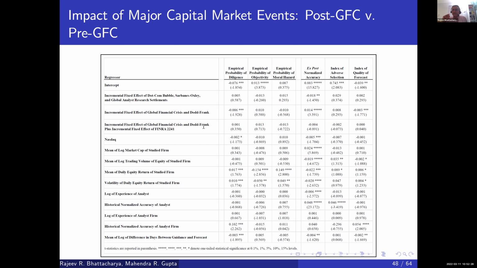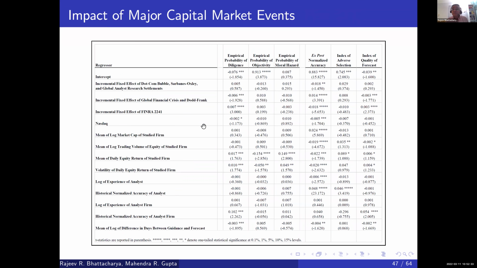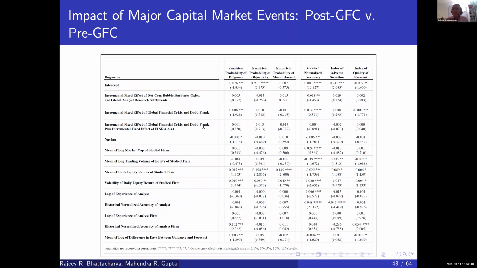That is to say, while the previous result says FINRA 2241 increased the empirical probability of diligence and the quality of forecast, it was just enough to ameliorate the significant deteriorations that happened during or after the GFC. So all FINRA was able to achieve by all these rules was to move things exactly to pre-GFC levels. That was all FINRA was able to achieve.